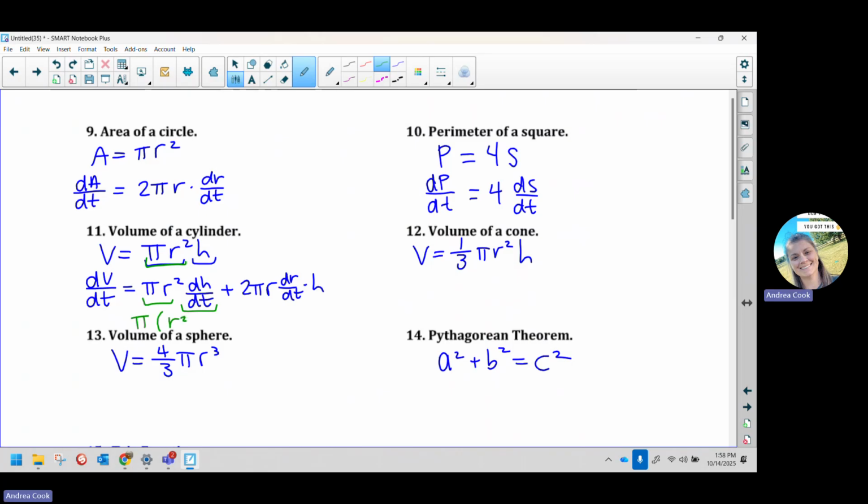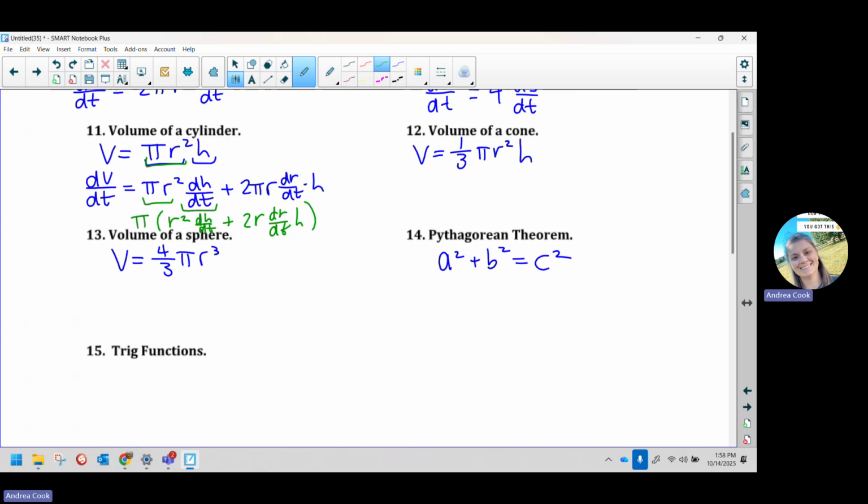So it would just be r squared dh over dt plus 2r dr over dt. You just write 2r, yes, you can.